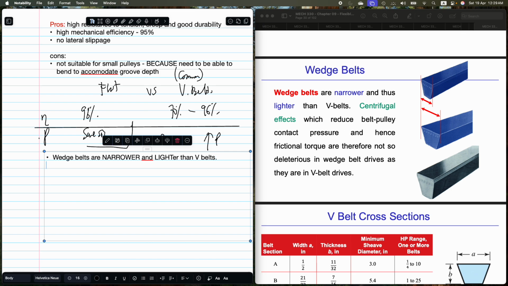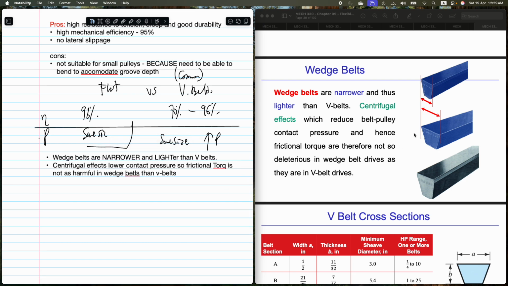So with this, we know that centrifugal effects lower contact pressure and frictional torque, which is not as harmful in wedge belts as in V-belts. Okay, so that's it for V-belts.